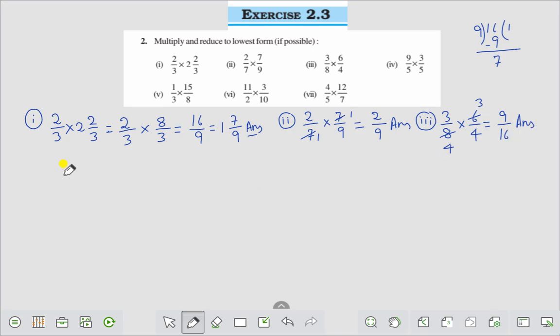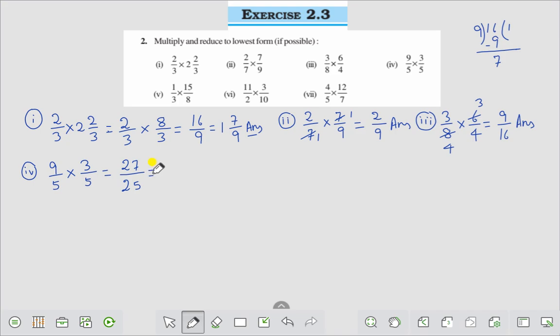Right? Now question number 4 is 9 by 5 into 3 by 5. That is equal to 3 9s are 27, 5 5s are 25.